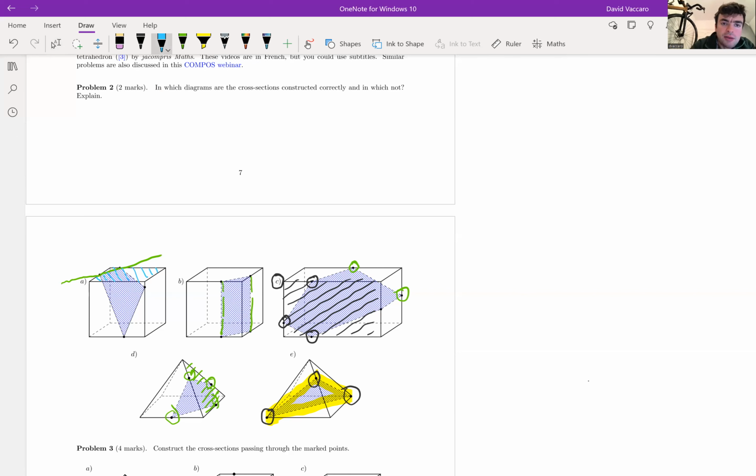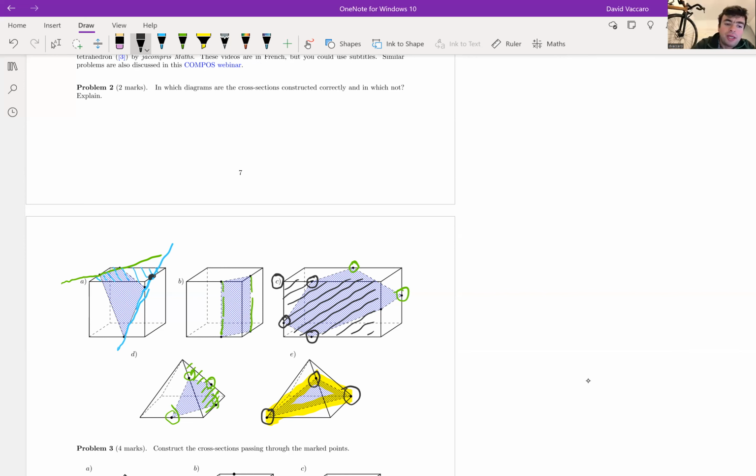This line here through the other 2 points clearly meets the top face at a different point, so it doesn't meet on that green line.